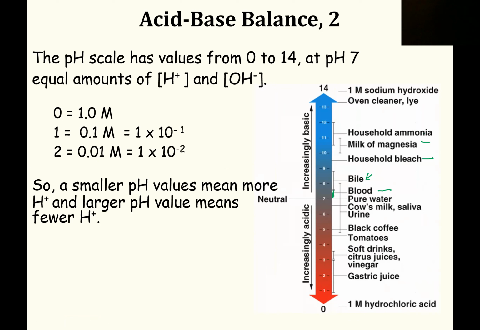Household bleach, milk of magnesia, household ammonium, oven cleaner, and lye way out here. You have cow's milk. You have saliva. You have the big range for urine, black coffee, tomatoes, soft drinks, citrus juices, vinegar, gastric juice, a 1 molar solution of hydrochloric acid.